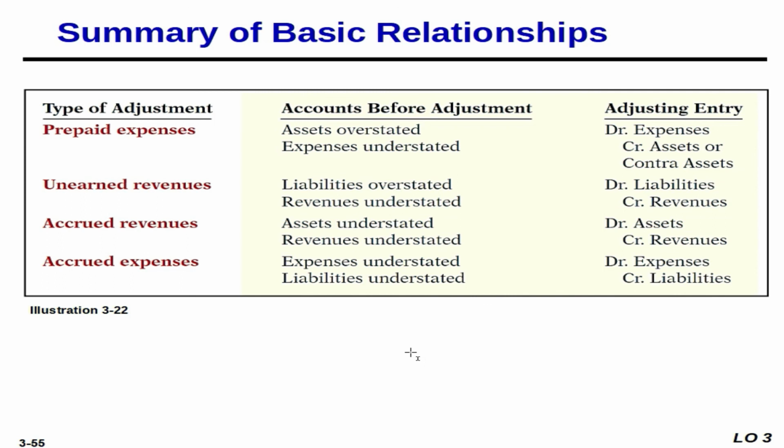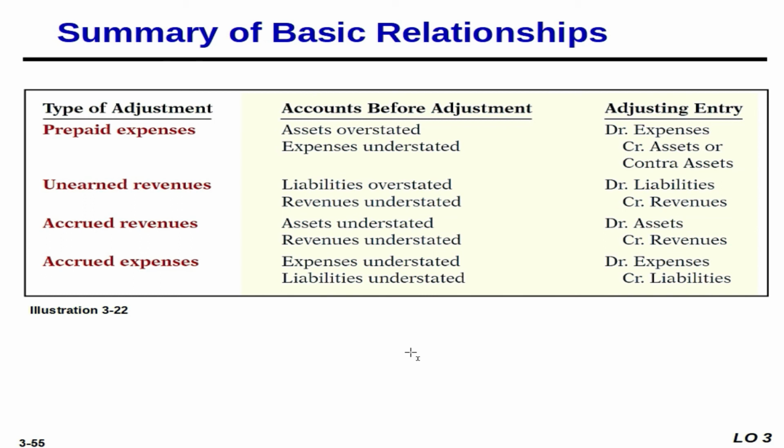Okay, prepaid again, 4 types. There are deferrals versus accruals. Deferrals have prepaid expenses and unearned revenues, and accruals have accrued revenues and accrued expenses. Okay, accounts before the adjustment, so this is why they're needed. For prepaid expenses, assets are overstated, expenses understated.